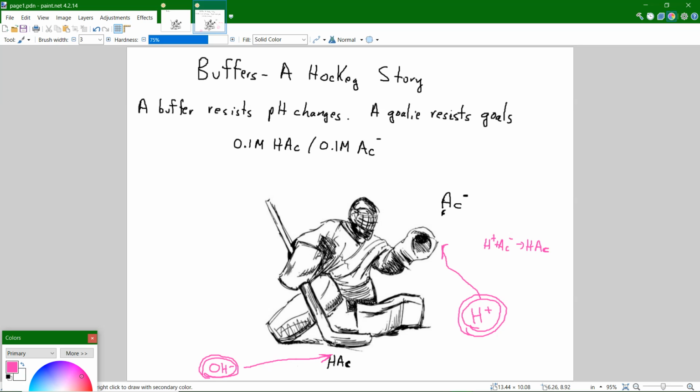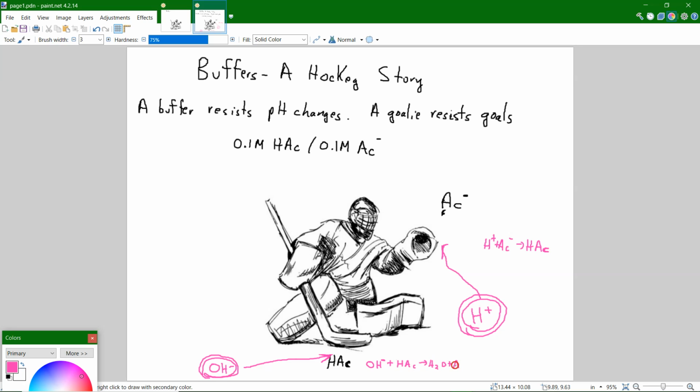But if you make good saves, if you have enough of the acid present, then you're going to make the save. So you're going to have, I'll put it over here, OH minus, the incoming strong base is going to be neutralized by the acid, and you're going to get H2O plus Ac minus.